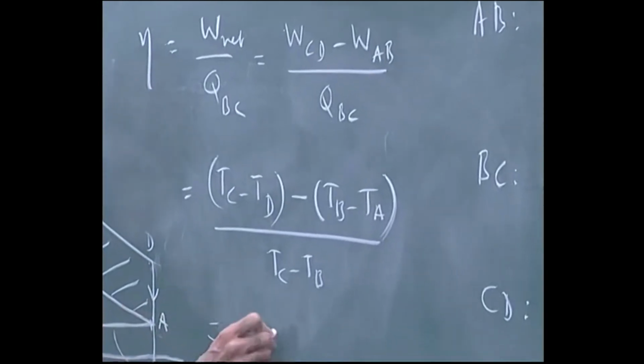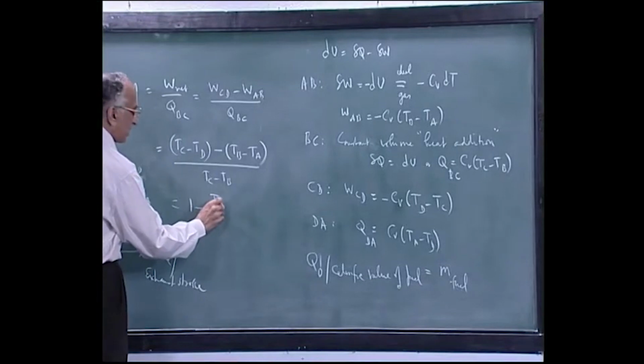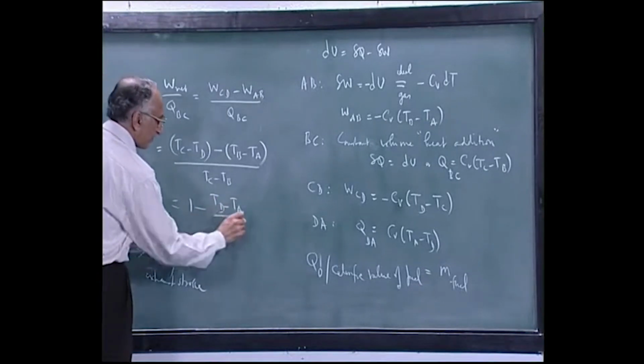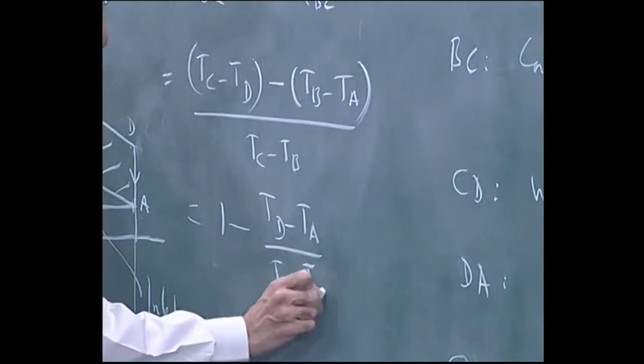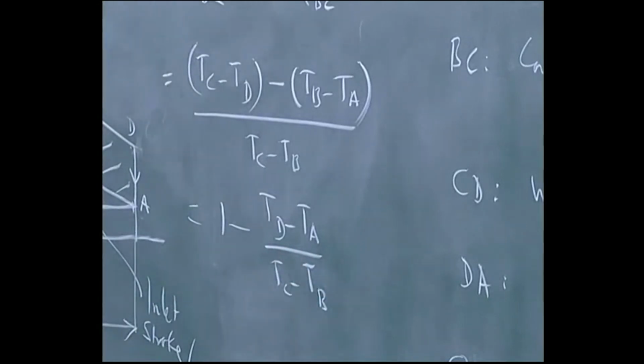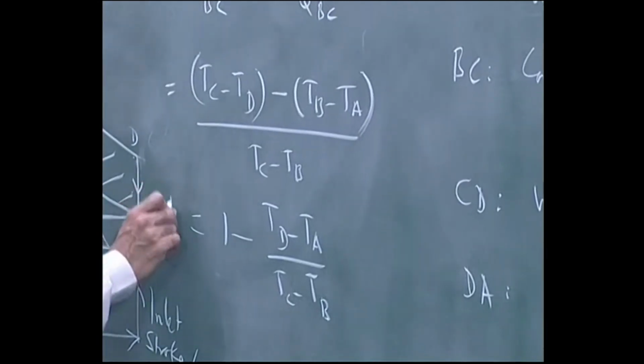So this is 1 minus Td minus Ta by Tc minus Tb. So this is your efficiency.